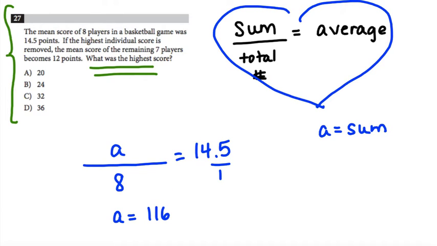Now, I have to think about that. If I remove a player from the sum, that means I'm going to have 7 players, and I know their average is 12. But I don't know the highest player's score. So I'm going to let X equal the score of the highest player.